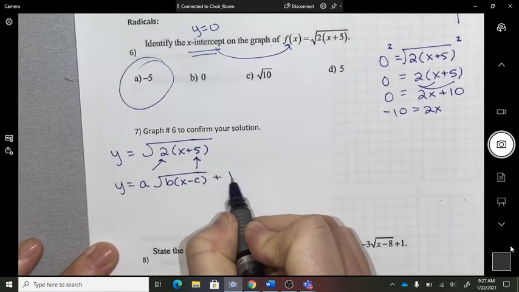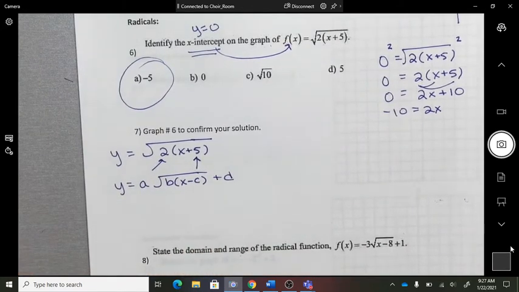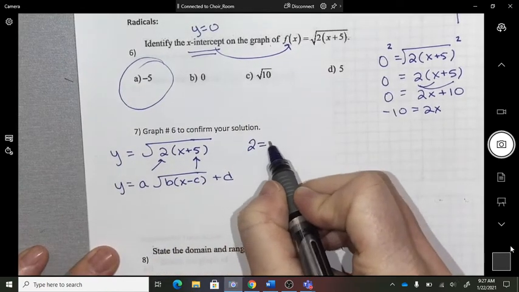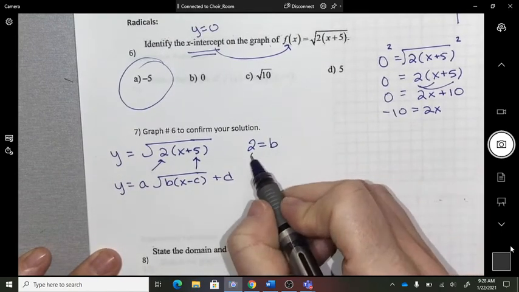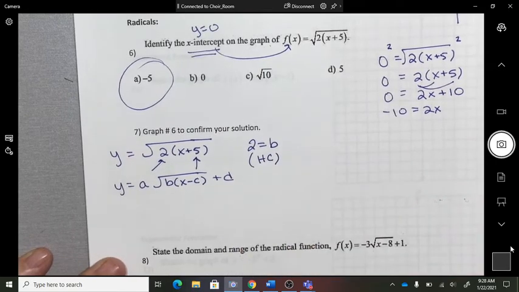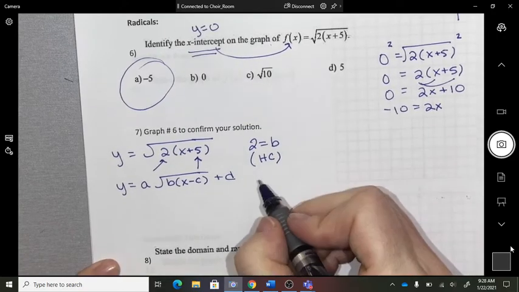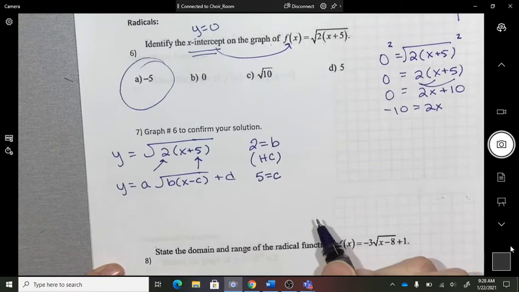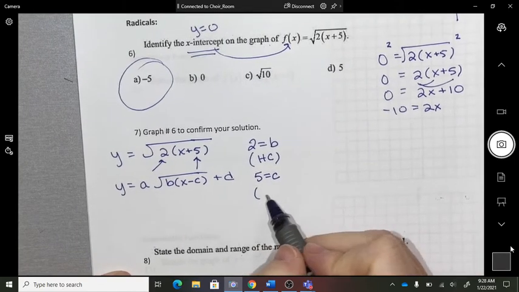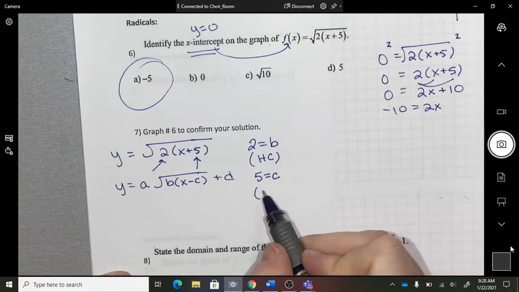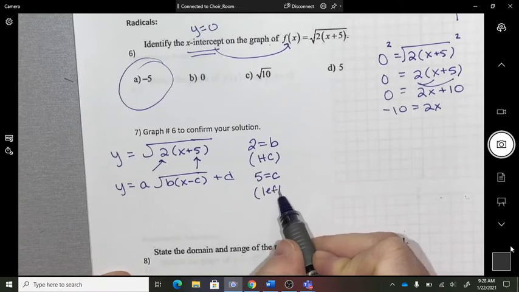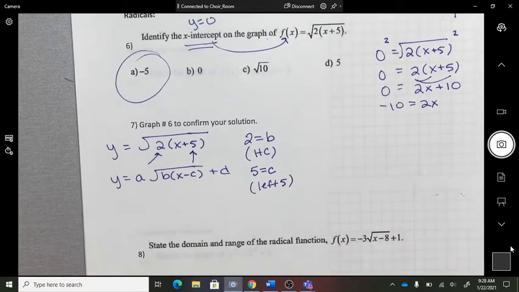Would that make sense generically with them all in there? So 2 is a B value. So my radical is going to get horizontally compressed. 5 is a C value. How will we physically move? Left? Those make sense?